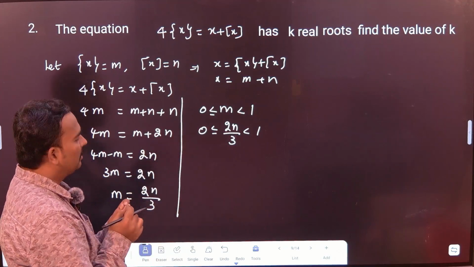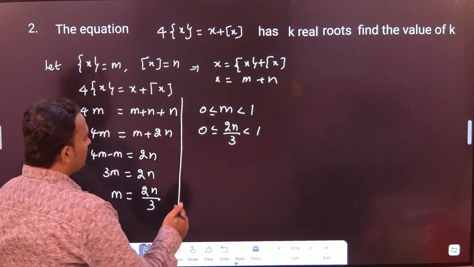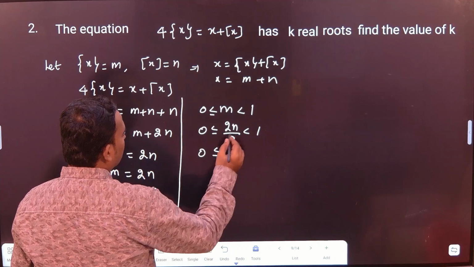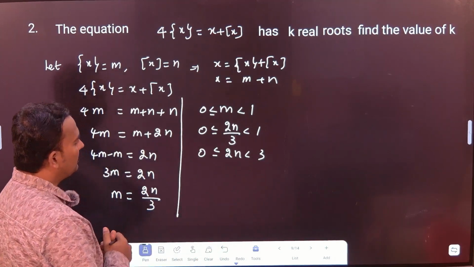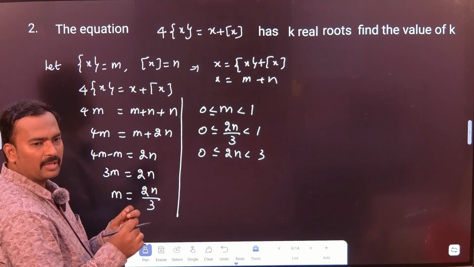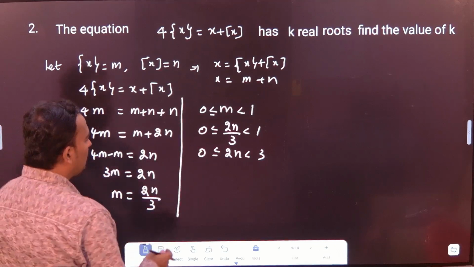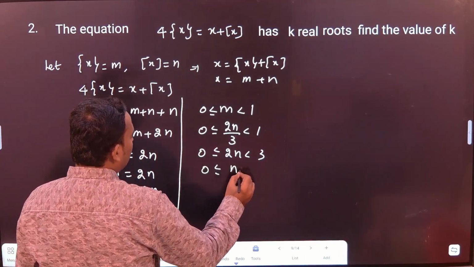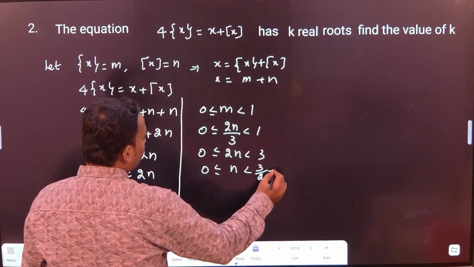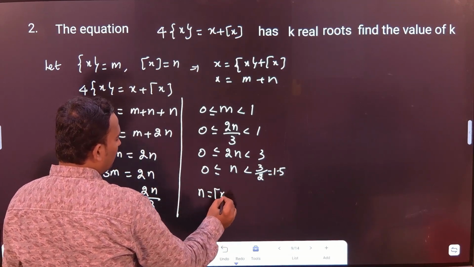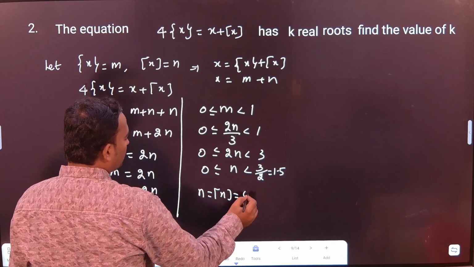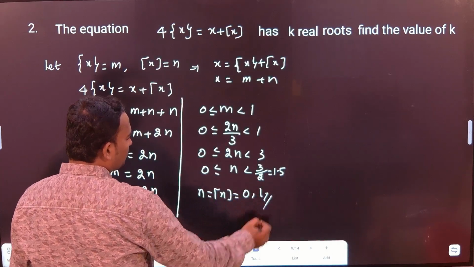You multiply by 3 first: 0 less than 2n less than 3. Now you have to divide by 2, because we need n only. 0 less than n less than 3 by 2. 3 by 2 is what? 1.5. So what are the integer values? What is n here? The greatest integer. What are the possible values? 0 and 1 only.